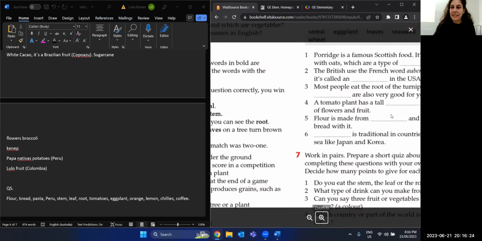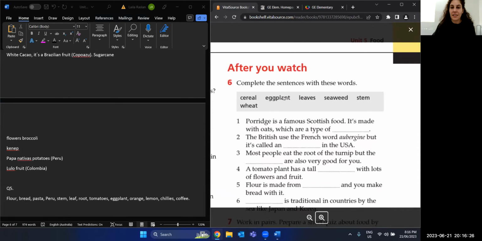So let's complete these sentences with the words. So we've got cereal, eggplant, leaves, seaweed, stem, and wheat.